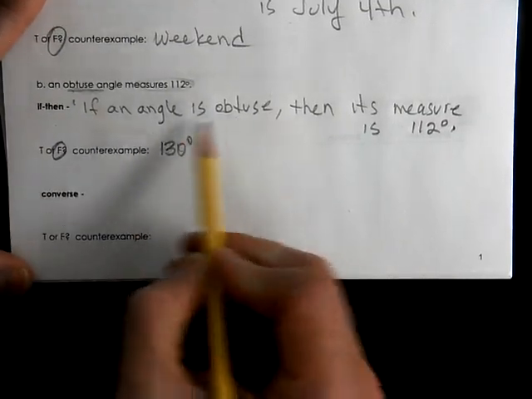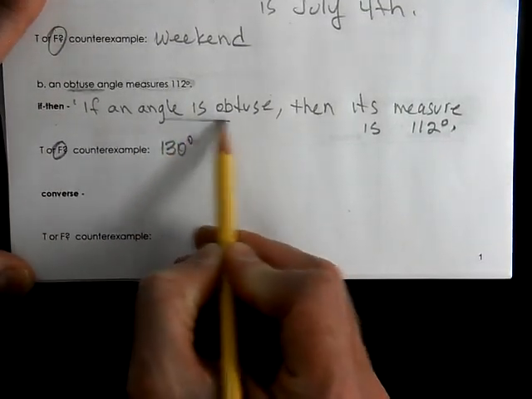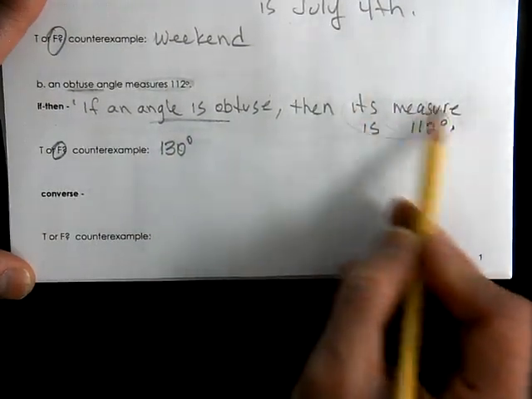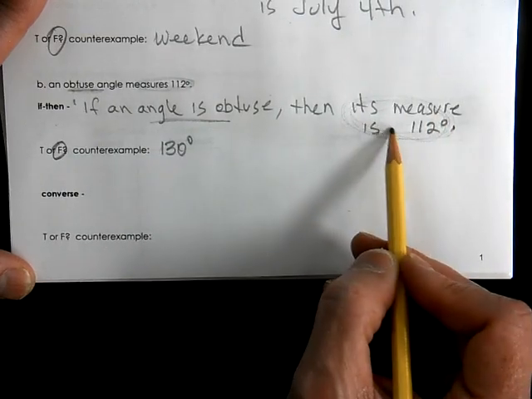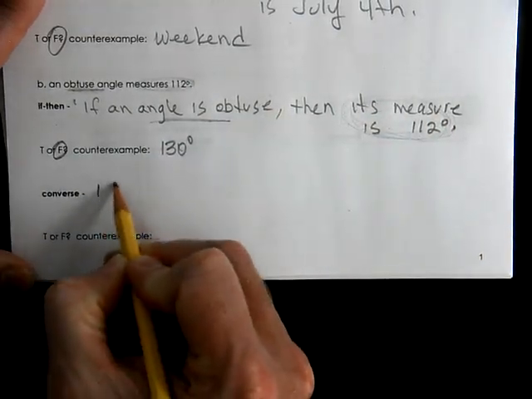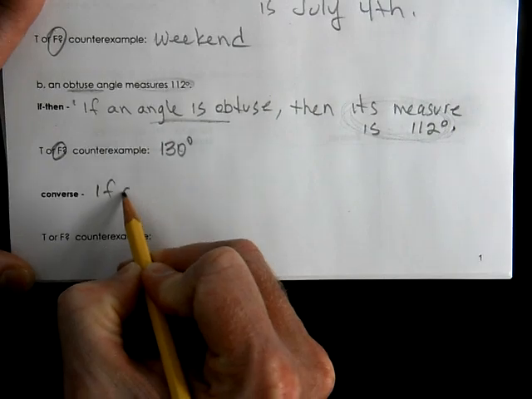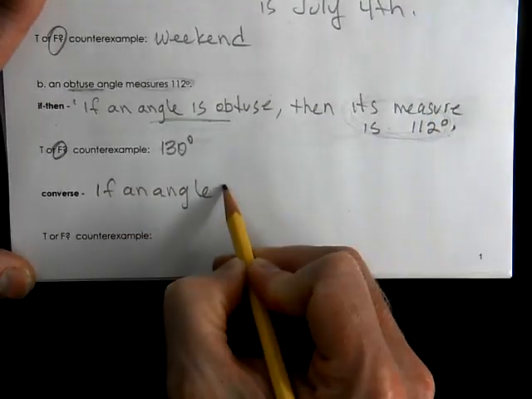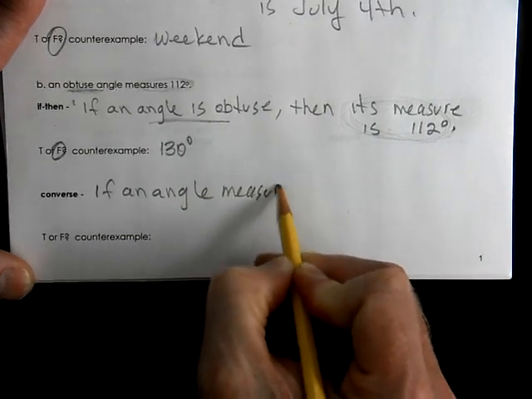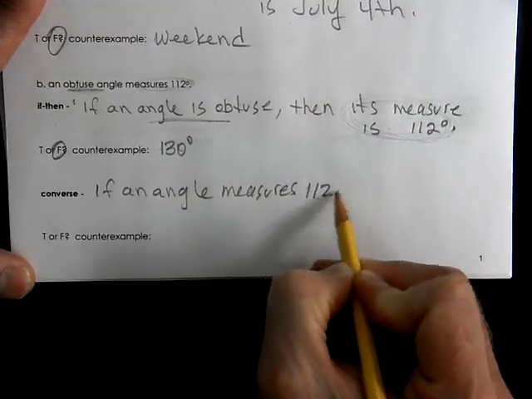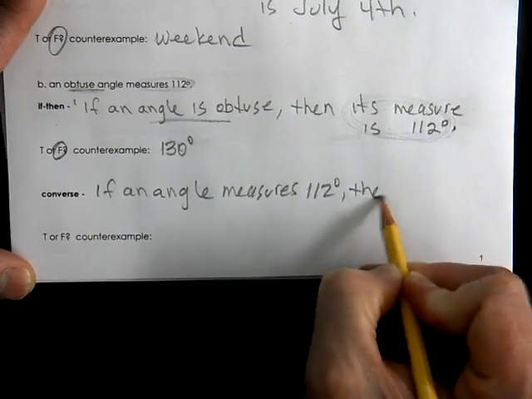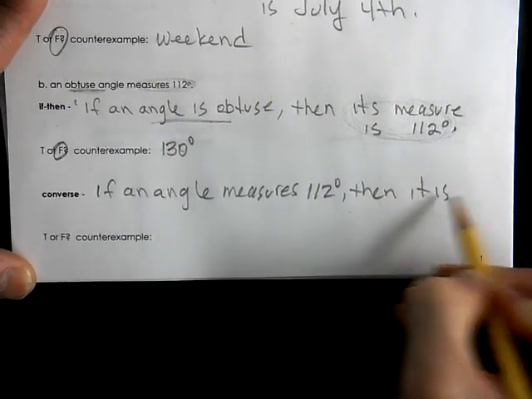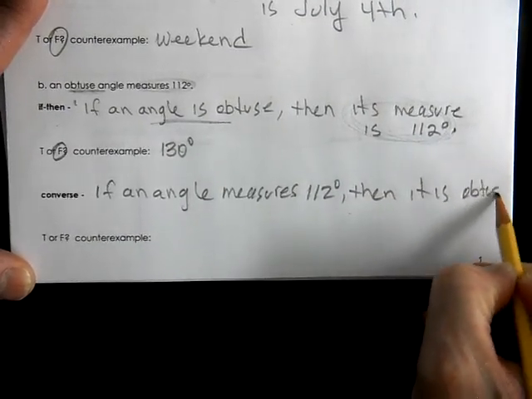Okay, our converse. Remember, this is our hypothesis. This is our conclusion. So we're going to switch those. If an angle measures 112 degrees, then it is obtuse.